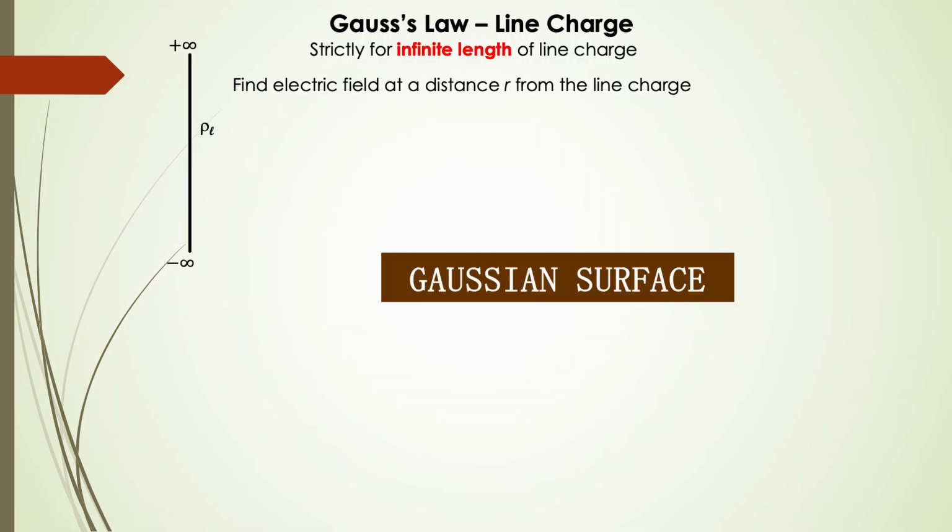We discussed this example in our previous lecture, where we were able to prove that although we use different laws, the answer that we obtain is the same, no matter whether you are using Coulomb's law or Gauss law.